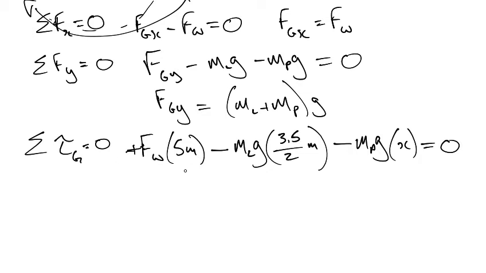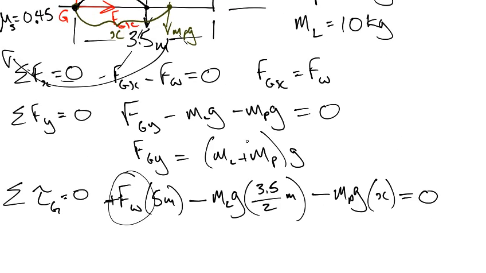So let's go ahead and see if we can figure out what x is. However, before we continue, we'll notice here that in this equation there is another unknown, and that's Fw. But we do know from before that Fw is equal to Fgx. Question: what is the relationship between Fgx and Fgy?